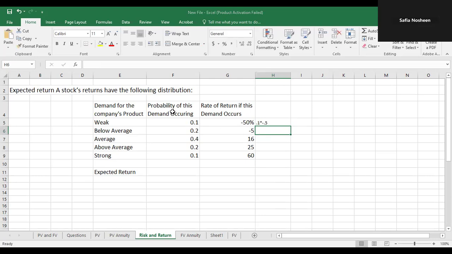So just multiply this probability with the related rate of return.